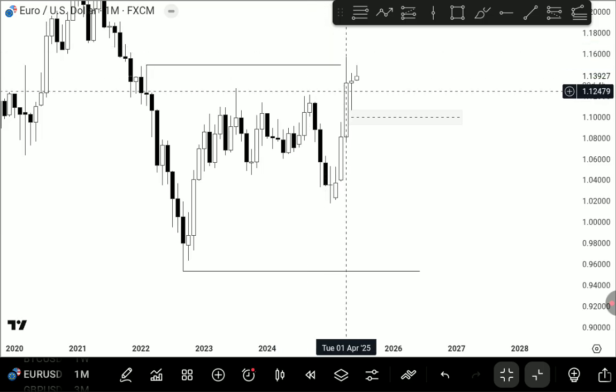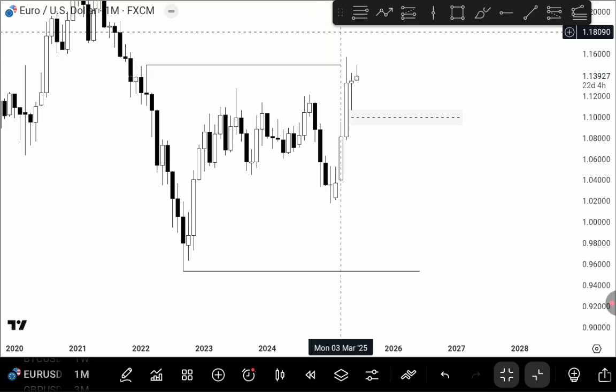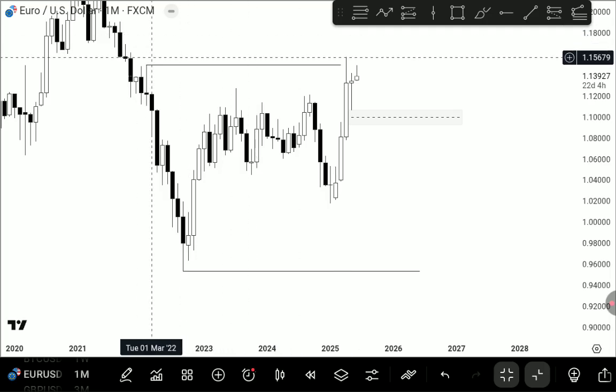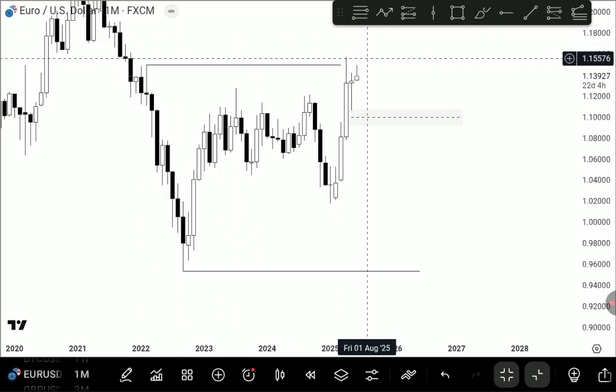And of course, this year, price purging the high.